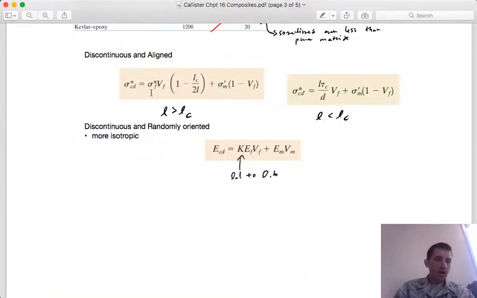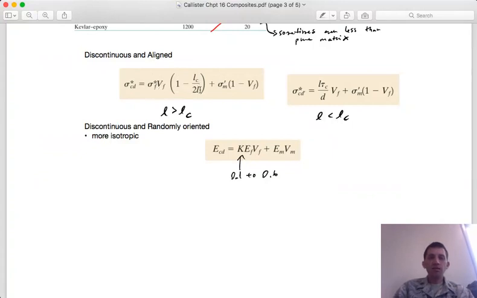And I'll point out that here we have the fracture strength of the fibers and the matrix, which makes sense. You're going to have a combination of the properties of the components individually. And then you see here that there's this factor that modifies the contribution from the fiber.